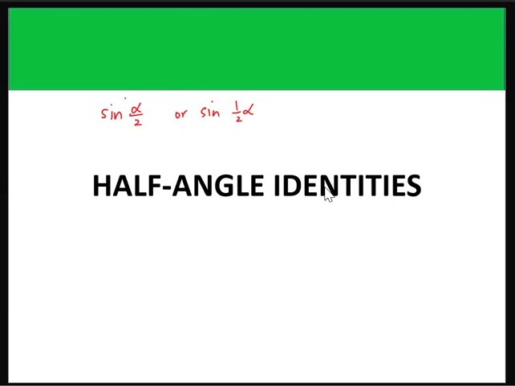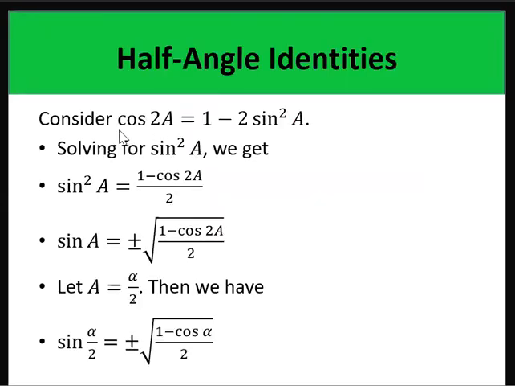Now, these half-angle identities are actually derived from the double angle identity for cosine. So if we are going to consider cosine of 2 times A, and using the double angle identity for cosine, then we get 1 minus 2 times sine square of the angle A. Now, if you want to solve for sine square of A, then we will transpose negative 2 sine square A to the left side, and we will transpose cosine of 2A to the right side.